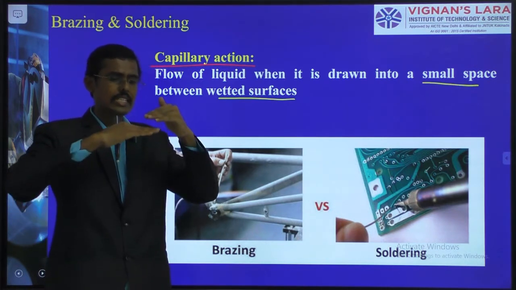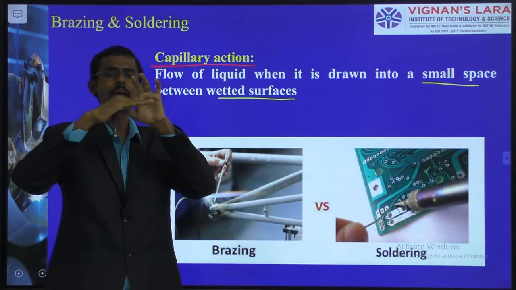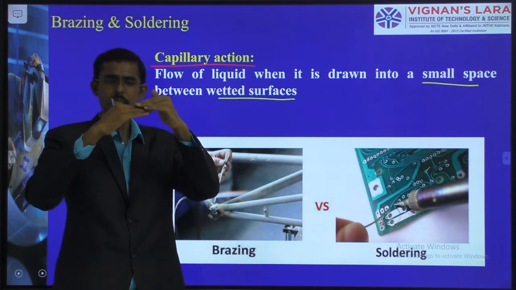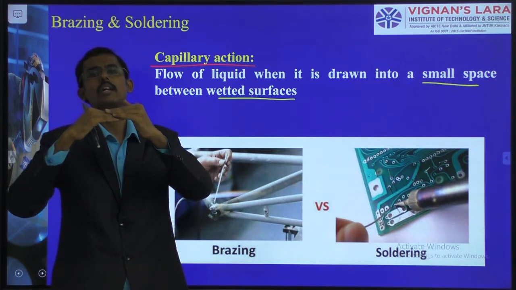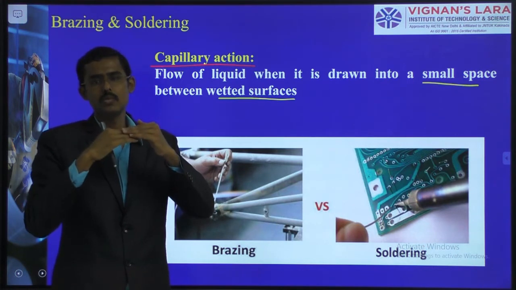Let us consider a lap joint, where there is a gap between the lower member and the upper member. In between this gap we are going to weld. In the case of a normal welding process, we would weld this lap joint.